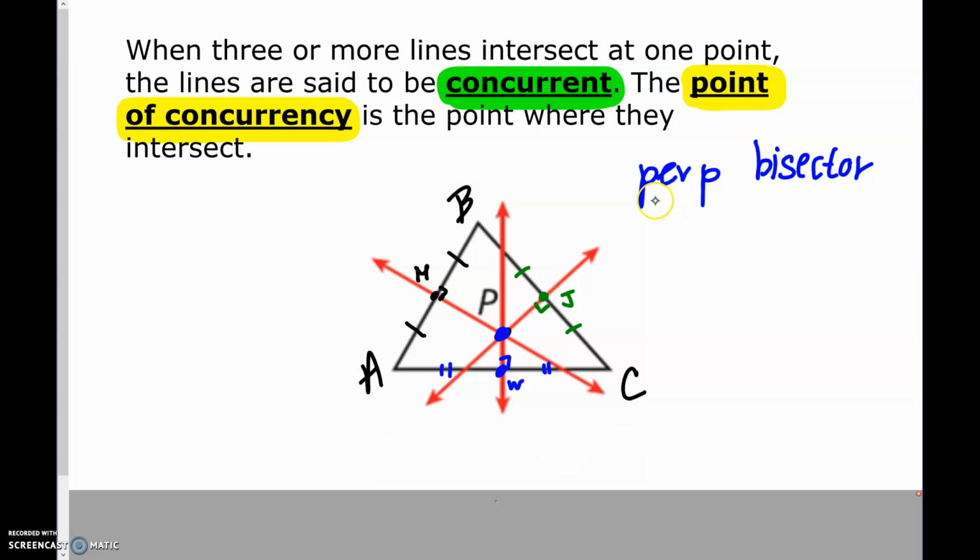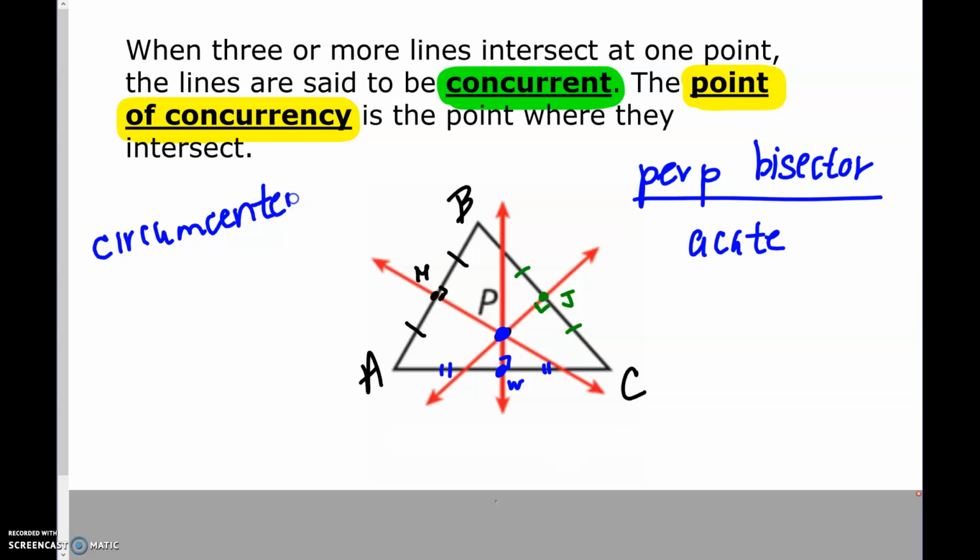Now, we're going to look at the perpendicular bisectors in three different triangles. An acute one, which is right here, and in the acute triangle, where is that point of concurrency? This is actually called the circumcenter. So when you make the perpendicular bisectors and they meet at a point of concurrency, that point is called the circumcenter.